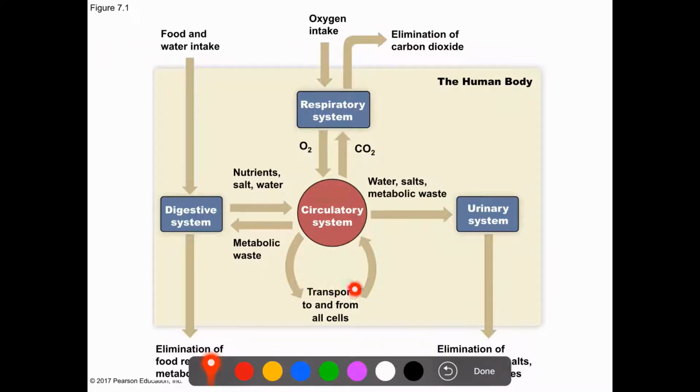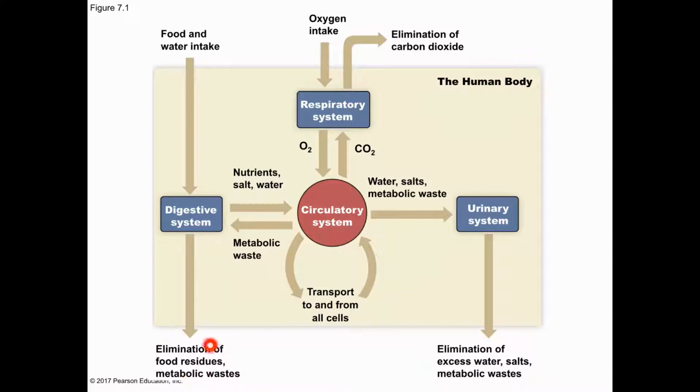It delivers oxygen and food, nutrients, salts, ions, all of these to all cells of the body. It carries back the CO2 to the respiratory system, so the CO2 would be eliminated out of the body. It carries water and metabolic wastes to the digestive system, so they can be eliminated through defecation.